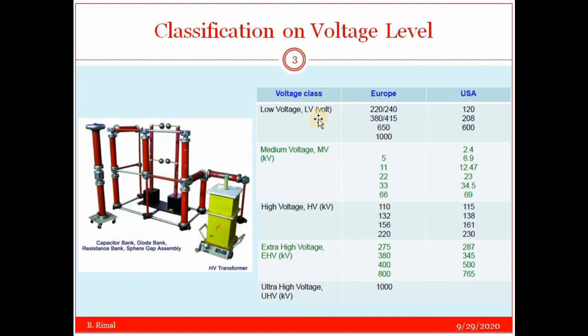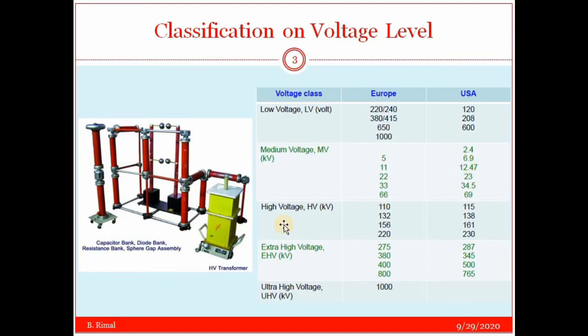The low voltage is termed up to 1000 volt in Europe. For distribution, 220 or 240 volt is used. Similarly, in the US, 110 volt is used as a distribution voltage. From 5 to 66 kilovolt it is known as medium voltage in Europe, and you can see the same for the US.